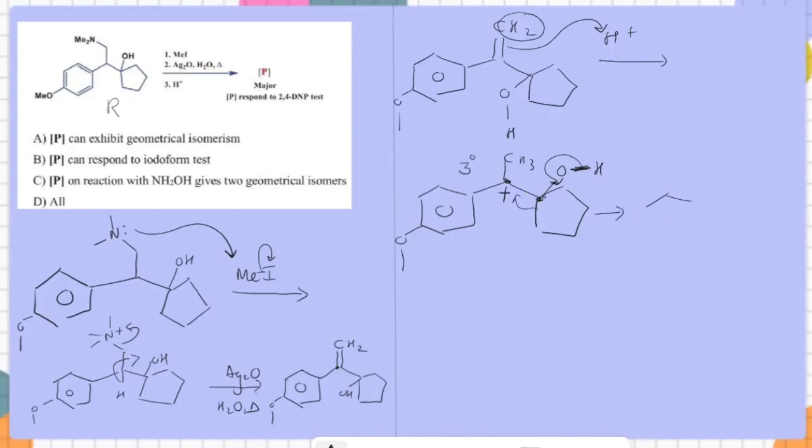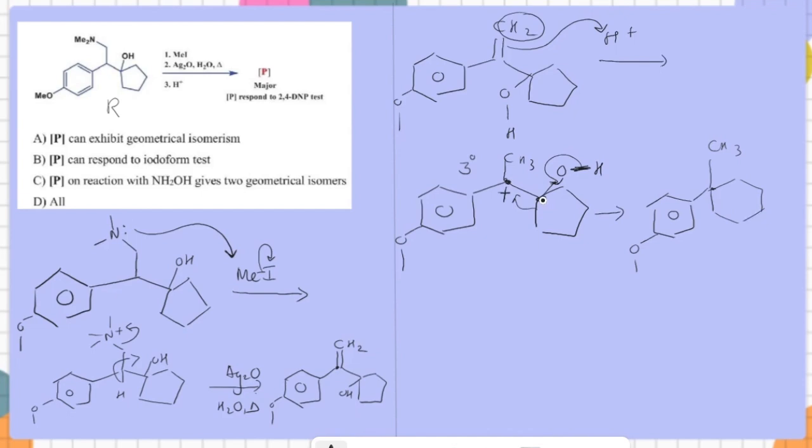So how to write the structure? Look at this. The methoxy is intact here, right? So what about here? The CH3 is as it is. But at this position, the bond is moving here. That means we can rewrite this like this. You can see it's going to form a 6-membered ring including this carbon: 1, 2, 3, 4, 5, 6 like that. So I have to include this in the ring like this.